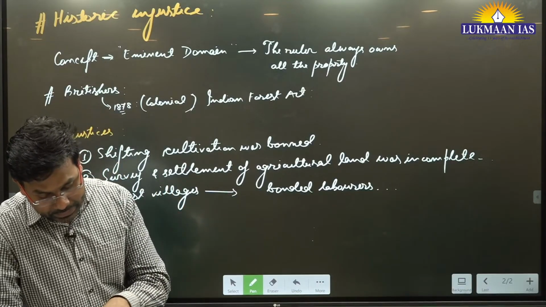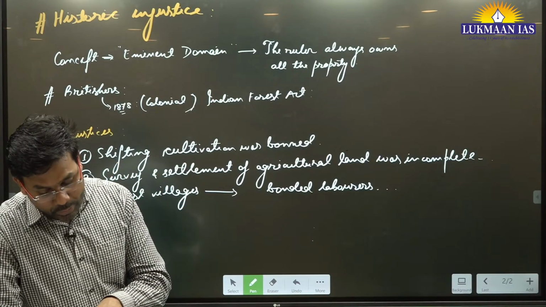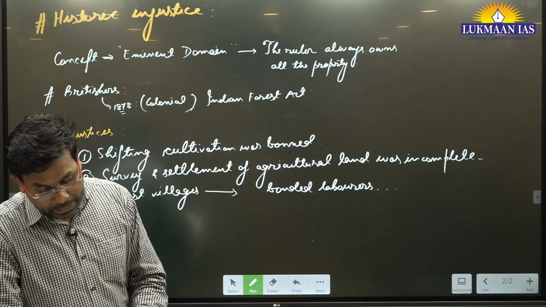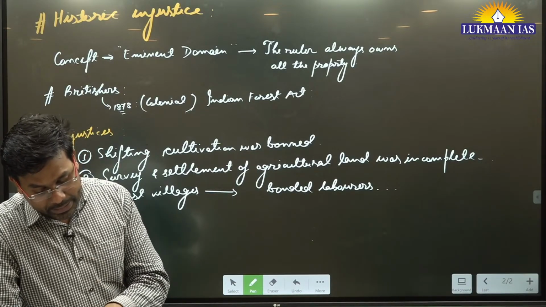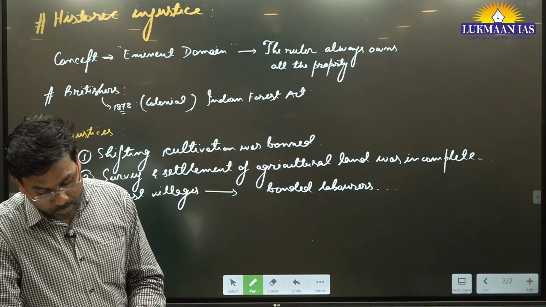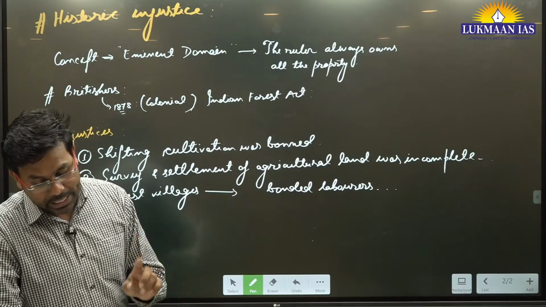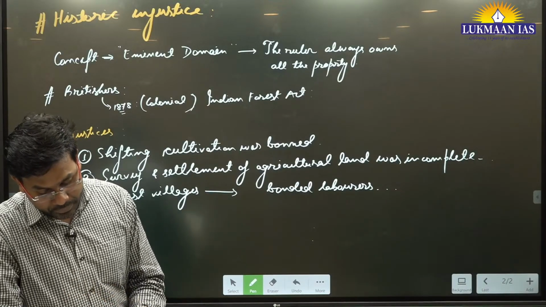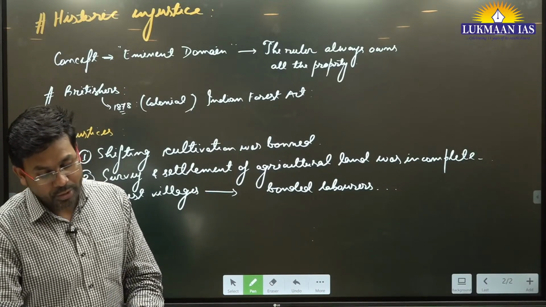Fourth is, since forests were now state property, all access to forest produce was limited, temporary and chargeable, and always at the mercy of the forest bureaucracy that was armed with police powers. Any concession to local livelihood needs was a tempted privilege that could be modified or withdrawn at any time.